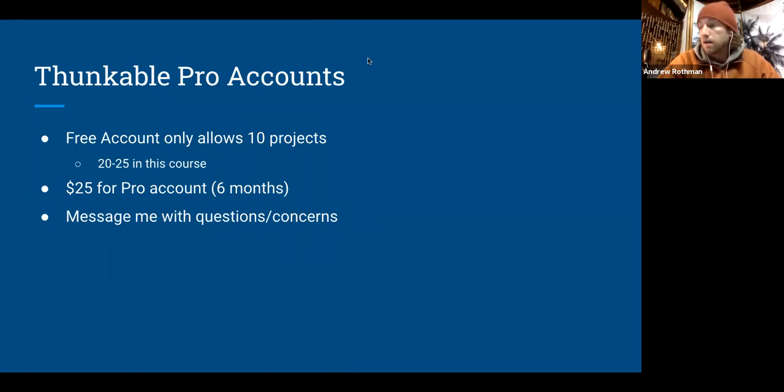There is a basic version of Thunkable, a free account. It allows for 10 projects, and there are like 20 to 25 projects in this course. Thunkable generally costs like, I think, $25 a month, but they gave us a special deal. The link and the code for that deal are in the emails that I sent.